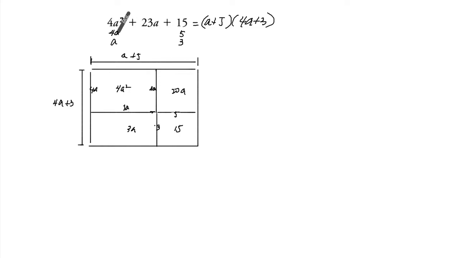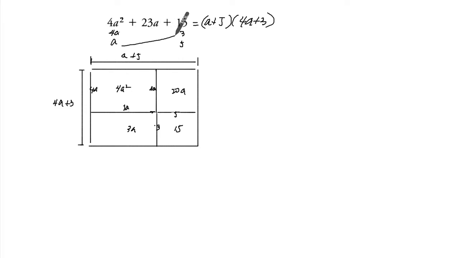So let's represent this to be like the row and then the column. Then you want this also to be the row and the column, right? So you can think of this as 4 rows and this is 1 column, okay? And this is 3 rows and 5 columns. So to form this area though, look, we multiply the a, which is the column number, with the row number, right?